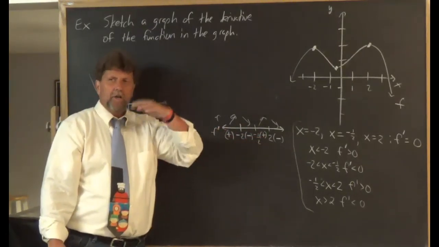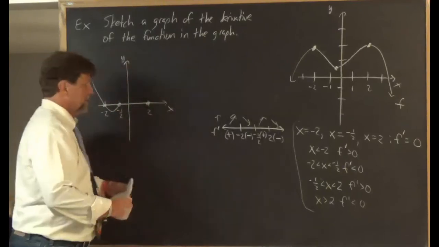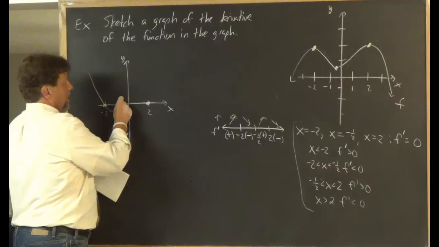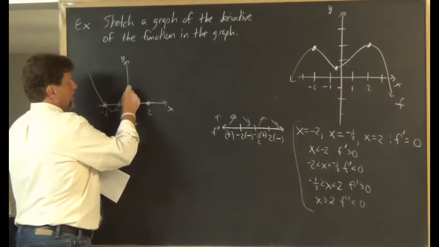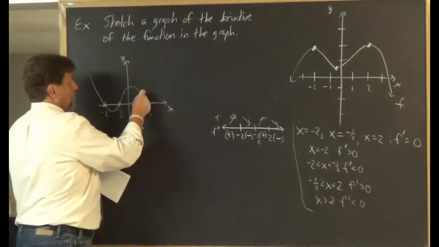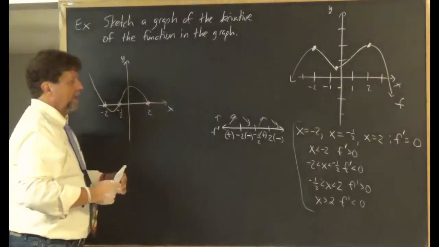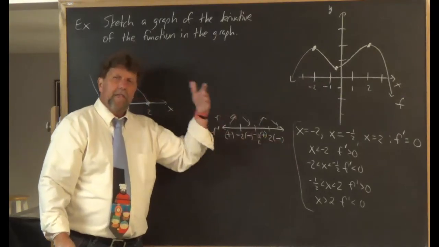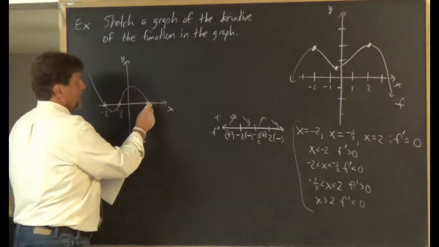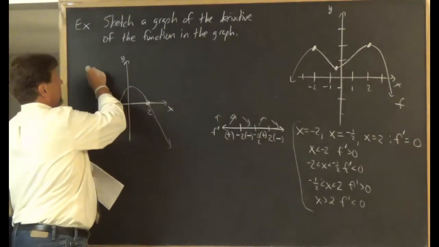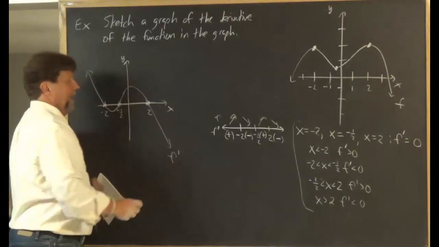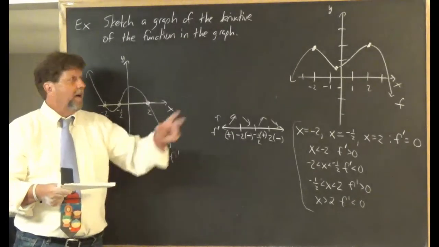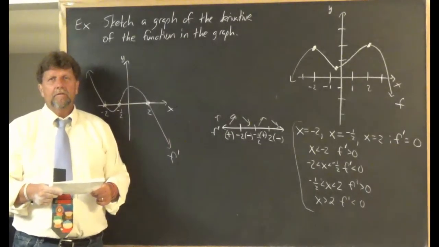So its graph has to go back above the x-axis. But I have to hit this. So that means I'm above the x-axis. At some point I have to turn and come back and hit x equals 2. And then from 2 to infinity, the derivative is negative. That means its graph is below the x-axis. There is a potential graph for the derivative of that unknown function.